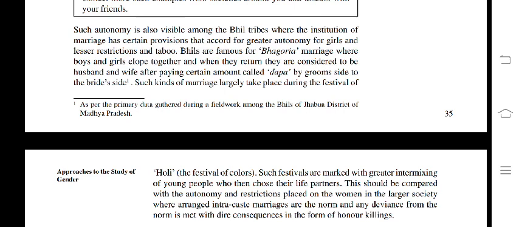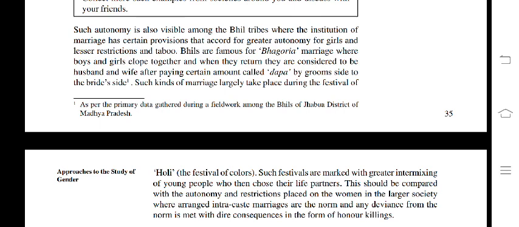Such festivals are marked with greater intermixing of young people, who can then choose their life partners. This should be compared with the autonomy and restriction placed on women in the larger society, where arranged intra-caste marriages are the norm and any deviance from the norm is met with dire consequences in the form of honor killings.